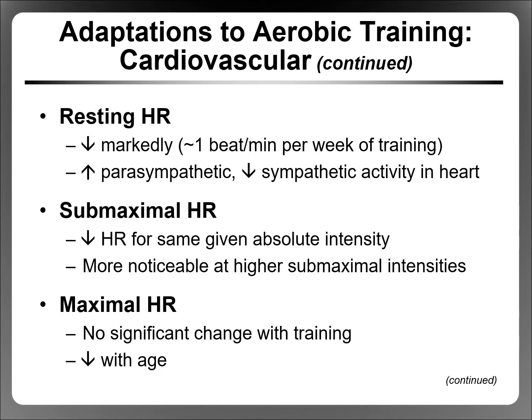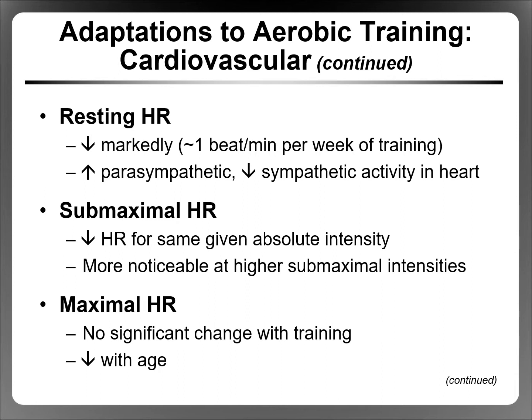We also know submaximal effort will have a decrease in our heart rate for the same given absolute intensity. Usually if you're just going for a light walk around the neighborhood, this is not very noticeable. However, when we get to higher submaximal intensities, so say not an all-out effort, but trying to run a 5K, we tend to see more changes here.